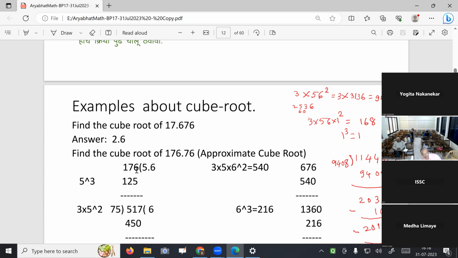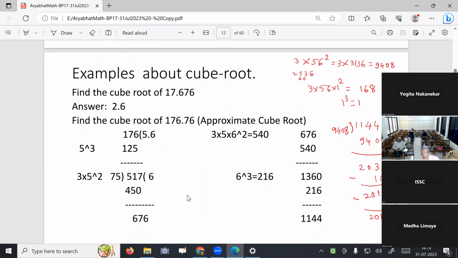So this 6 is the Ganasthana and these 2 are Aganasthanas. After that, you must take zeros on the right hand side. So you can assume that this number is 176.760. And then by the same method, you can find the cube root.